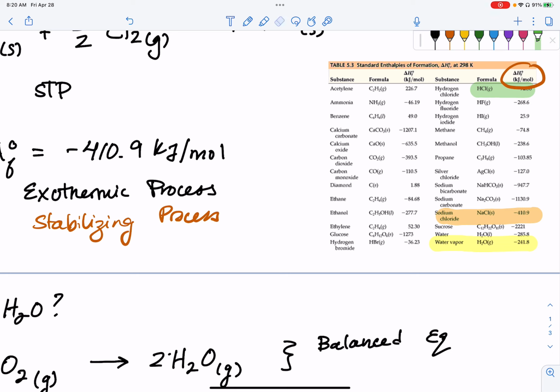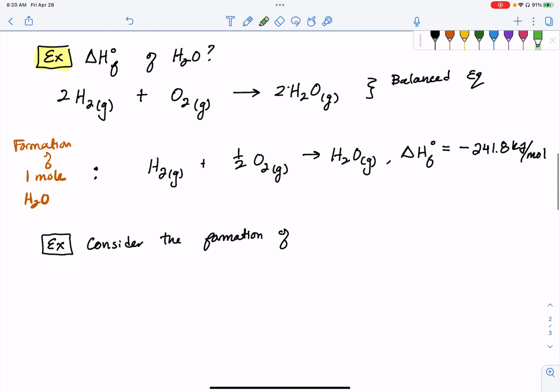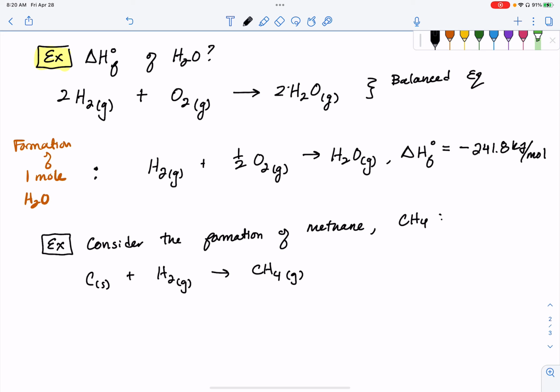How about we do, instead of hydrogen chloride gas, methane gas. So this would be elemental carbon coming together with elemental hydrogen to form gaseous methane.